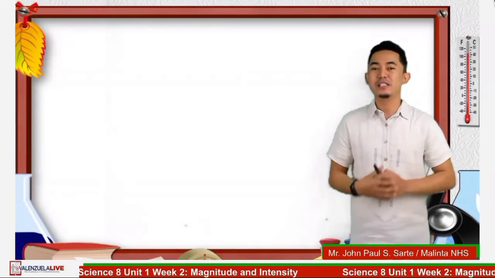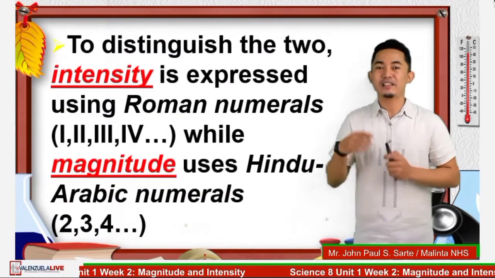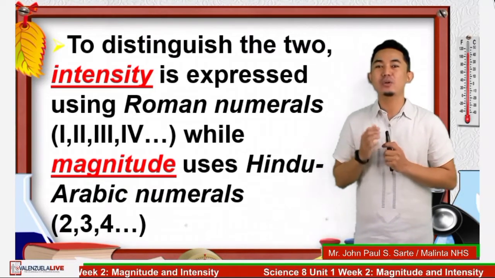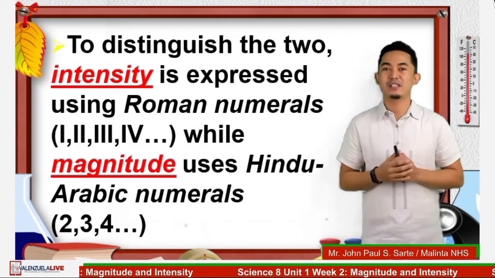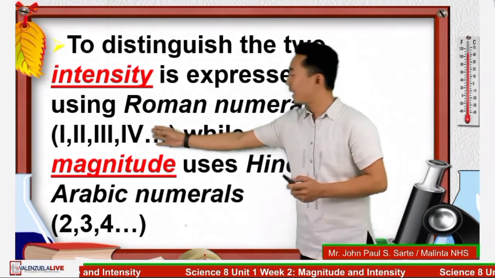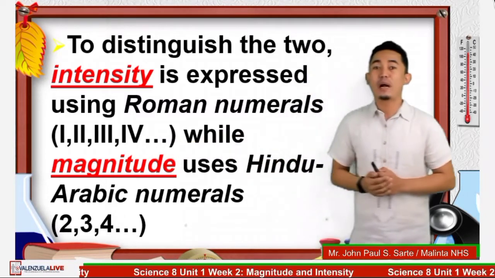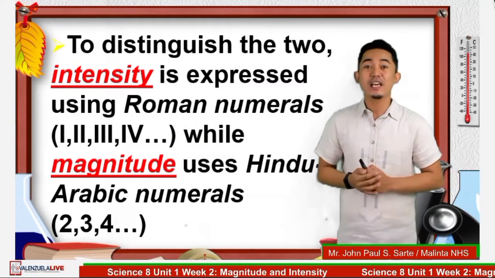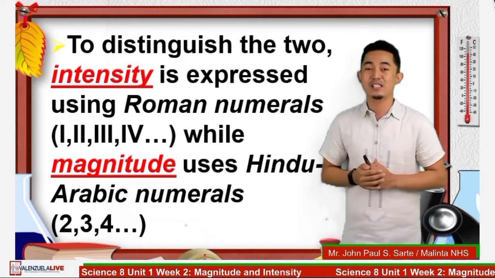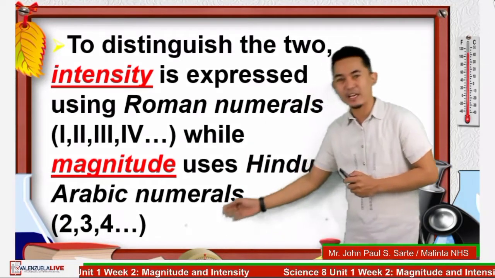Now, to distinguish the two, intensity is expressed using Roman numerals, such as Roman numeral 1, 2, 3, and 4. While magnitude uses Hindu-Arabic numerals, such as 2, 3, and 4.